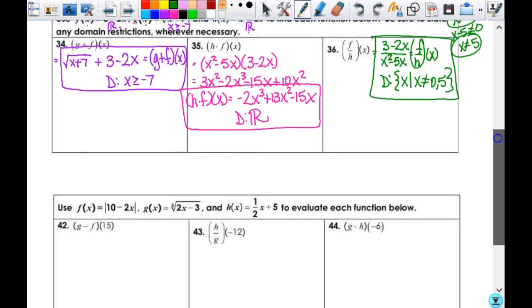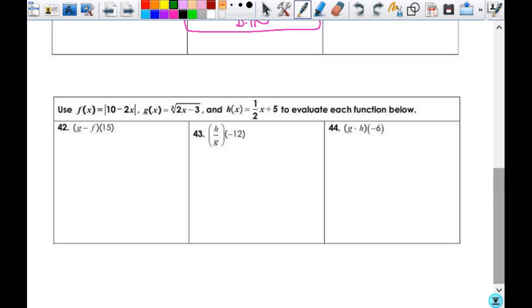Okay, so now let's evaluate these. So g minus f of 15. So g of 15 is going to be the cube root of 2 times 15 minus 3, minus f of 15, the absolute value of 10 minus 2 times 15.